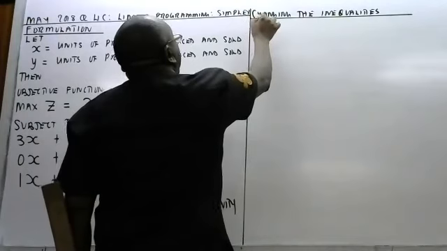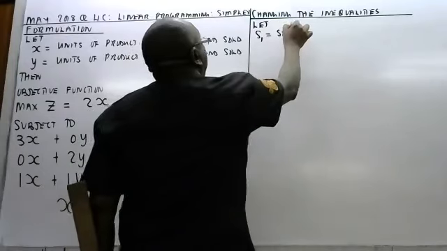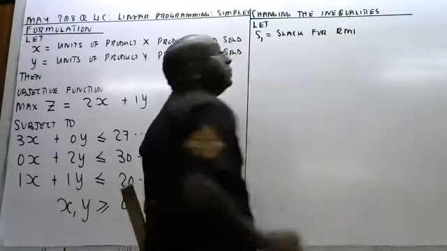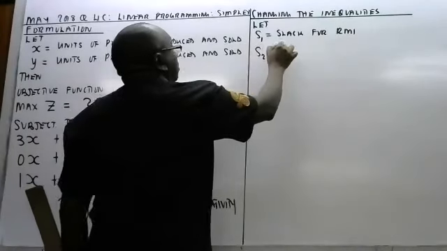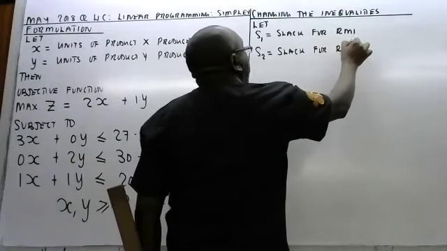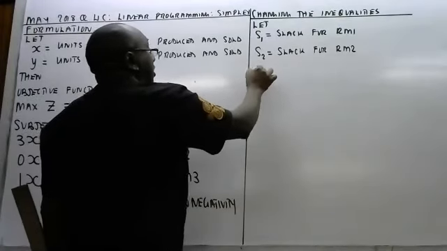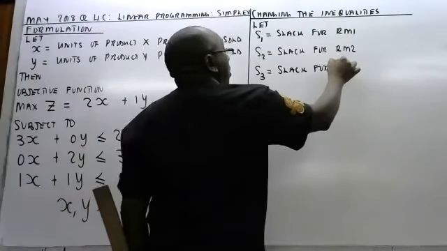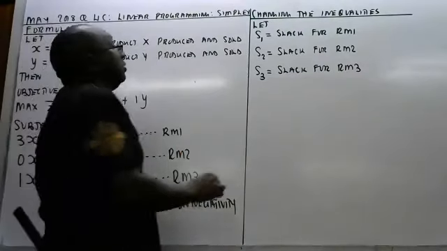So this one you say let S1 be the slack for raw material 1, S2 be the slack for raw material 2, S3 be the slack for raw material 3.